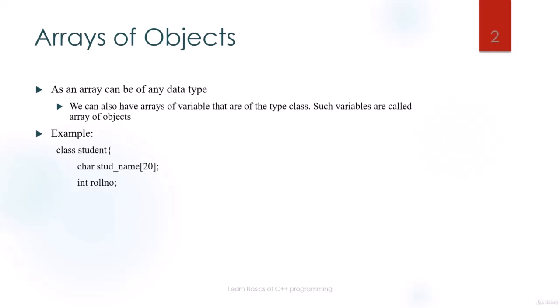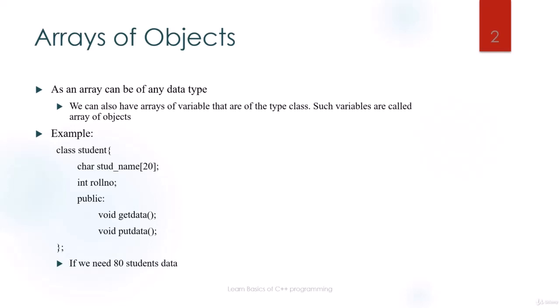Next is the roll number, which is of the integer data type. Then the access specifier public, and the member functions getData and putData. Then we are going to close the class with the help of the semicolon.